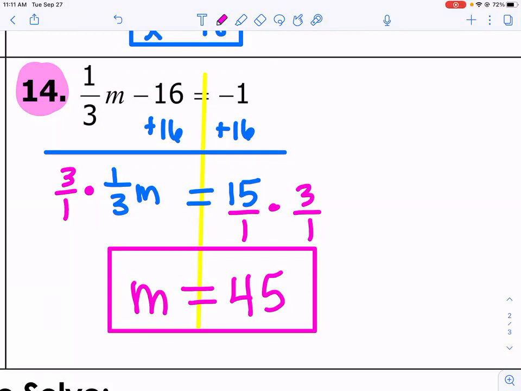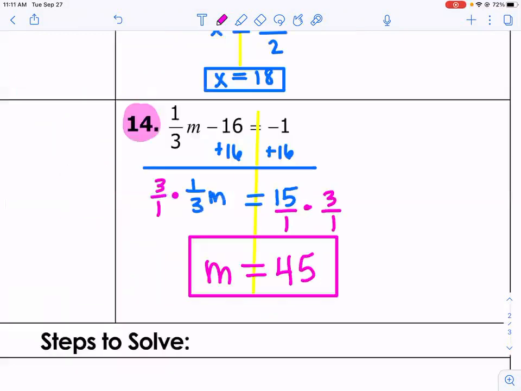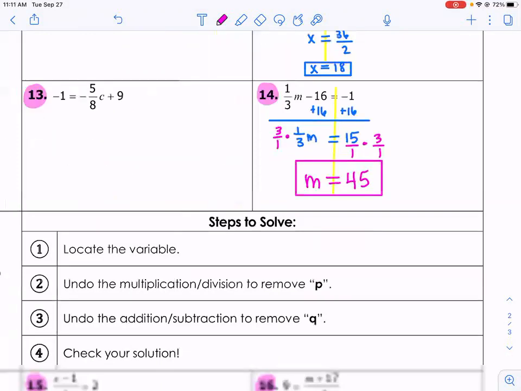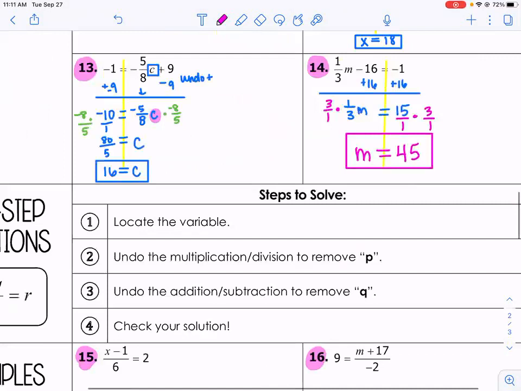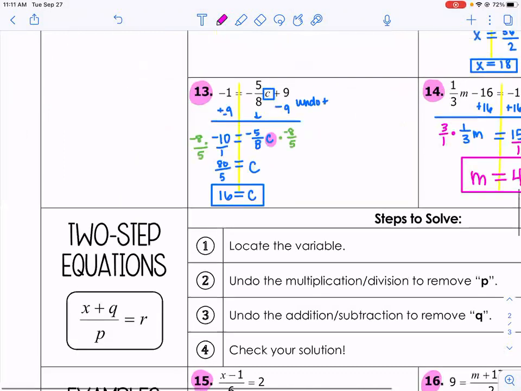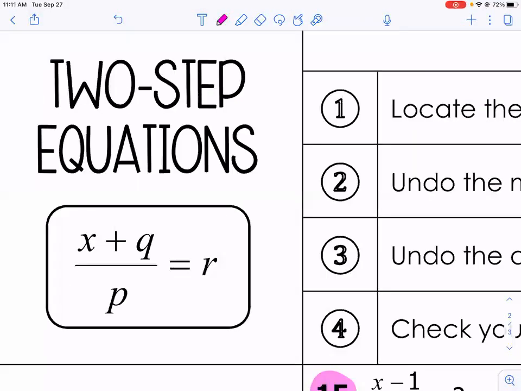Okay, now, I promise you will get to start your homework. But we need to talk about problems that look like this. So do you see down below where we have this right here?